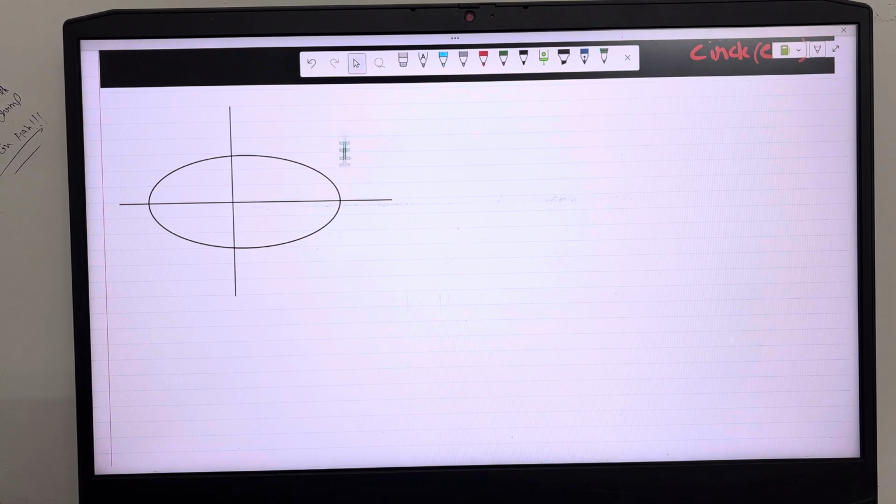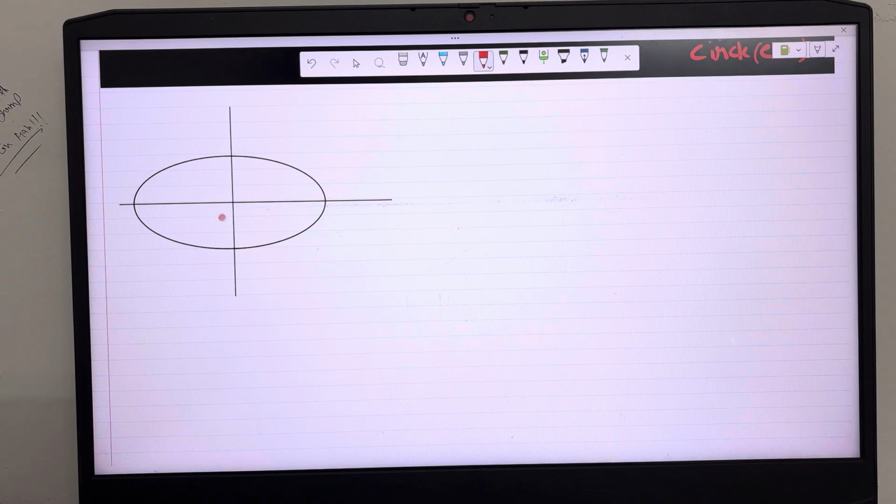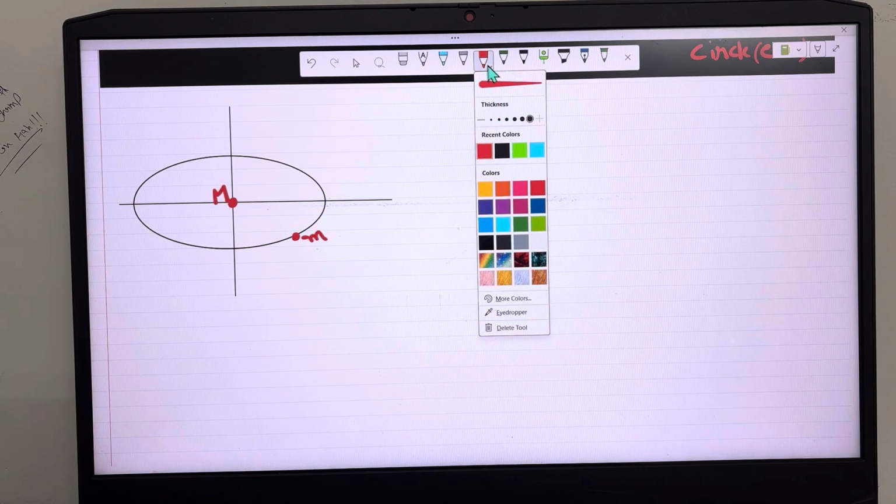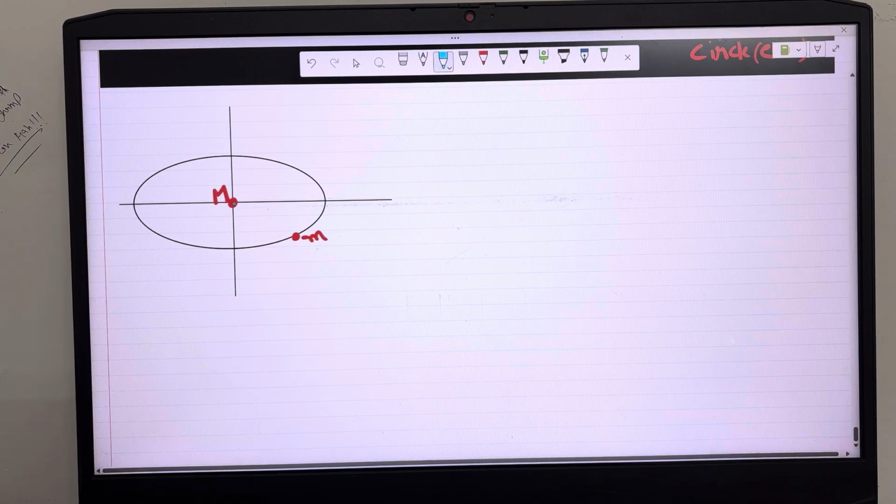Let us suppose this is your capital M, the capital mass. Let's suppose here is your small mass. From here to here, let us join this.